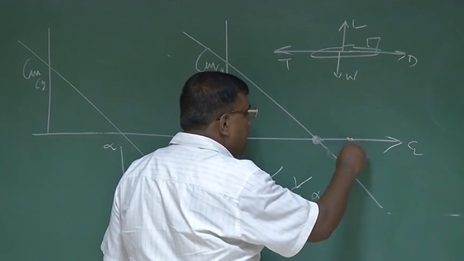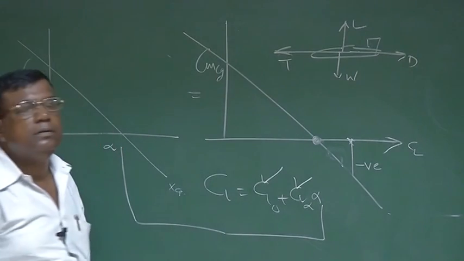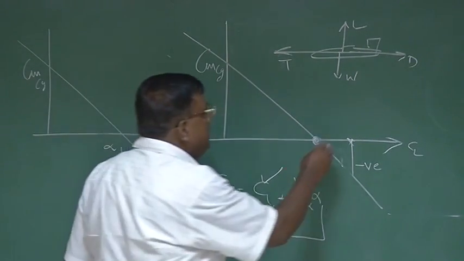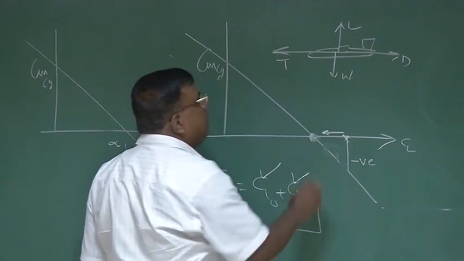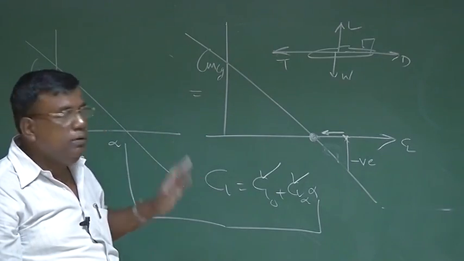What will happen? The airplane immediately generates a negative pitching moment. Negative means nose down. So this aircraft will have an initial tendency to come back to the equilibrium. Negative means try to reduce angle of attack, so Cl will reduce.